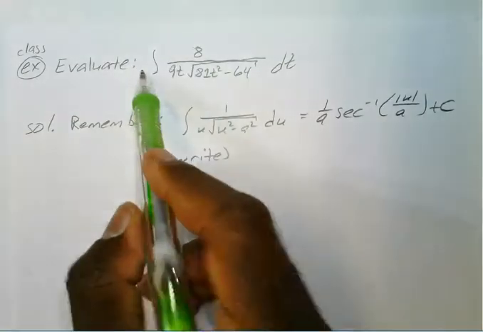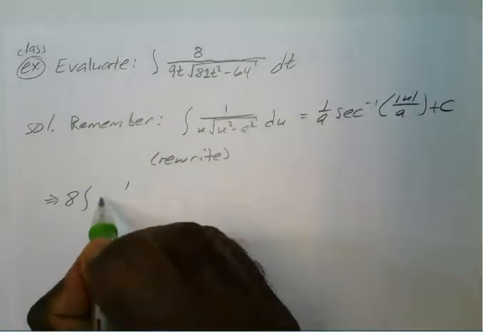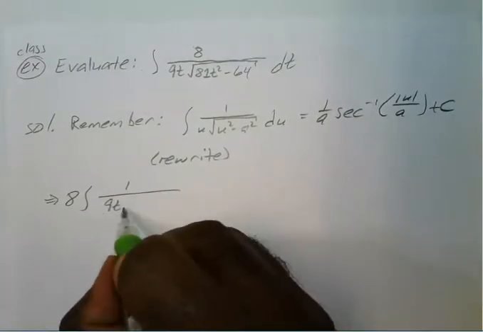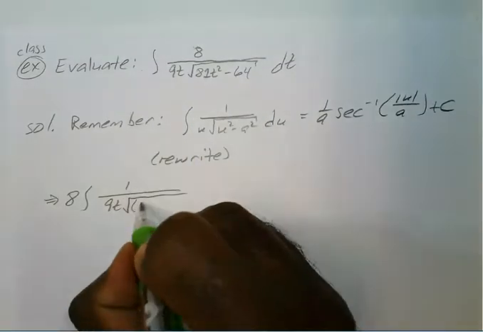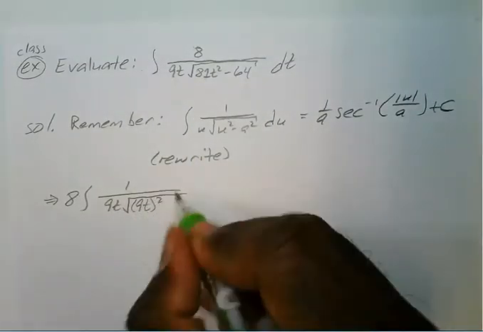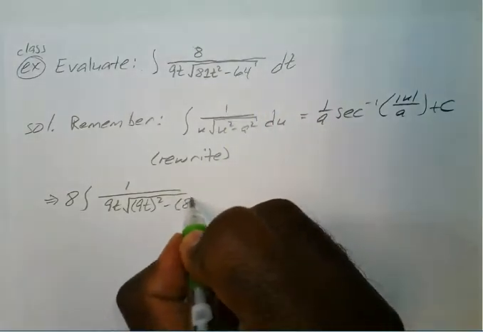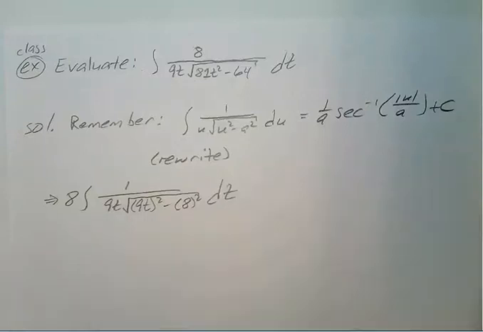Okay, we get that 8, bring it out to the front. You have 1 over, and we leave that 9t as it is. That 81t squared, we just make that 9t squared minus 64, and we're going to turn that into 8 squared with respect to t.